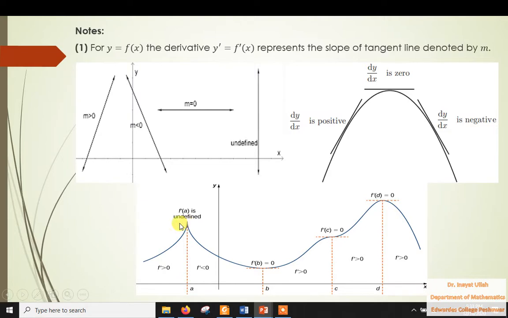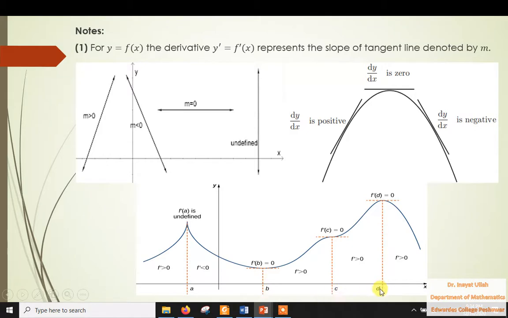So this kind of point is called a critical point, and the derivative of the function is not defined at this kind of point.